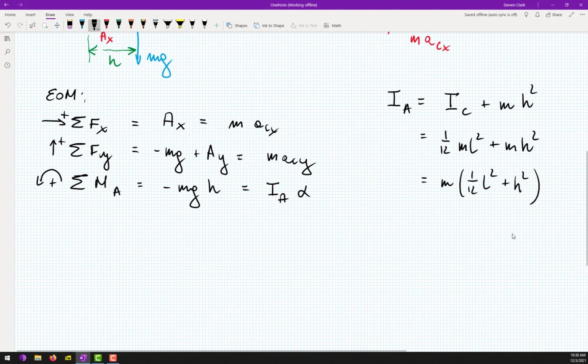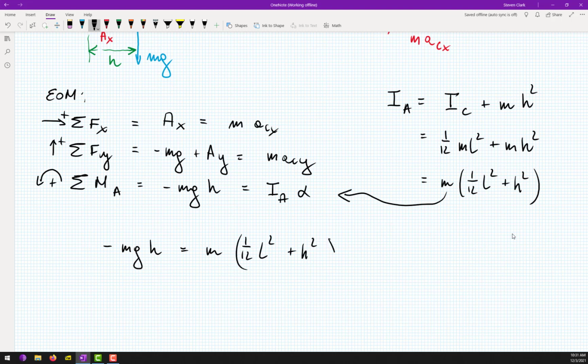Okay, let's plug this value here. And I actually think that we need only the third equation. We can neglect the first two equations, I believe so. We will have minus mgh is equal to m (1/12 L squared plus h squared) alpha. And m cancels out.